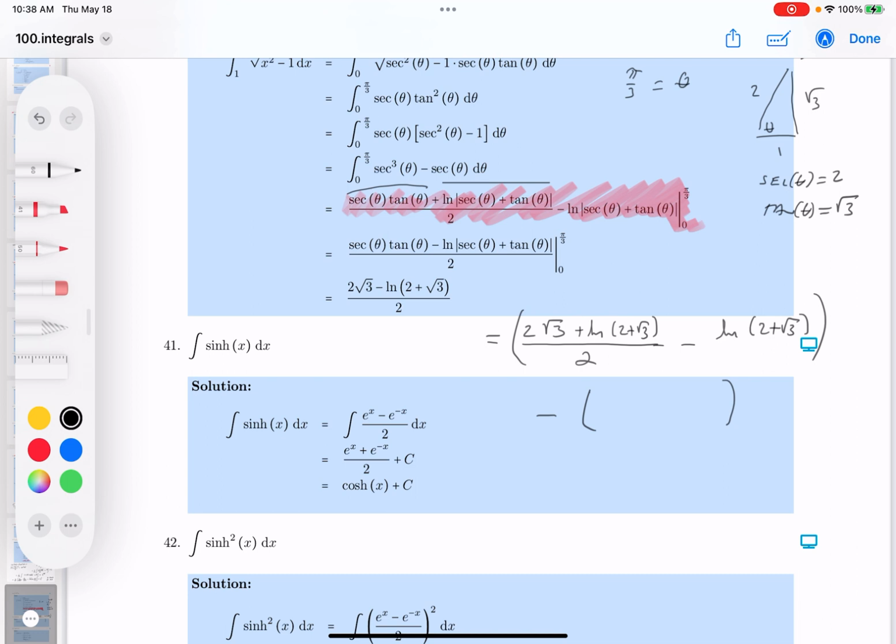Secant of 0 is 1, tan of 0 is 0. Boy, that's 0. Isn't that convenient? Let's pull it together. 2 root 3 minus the natural log 2 plus root 3.